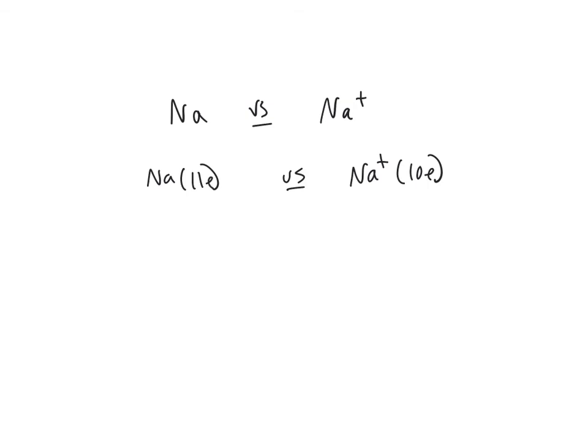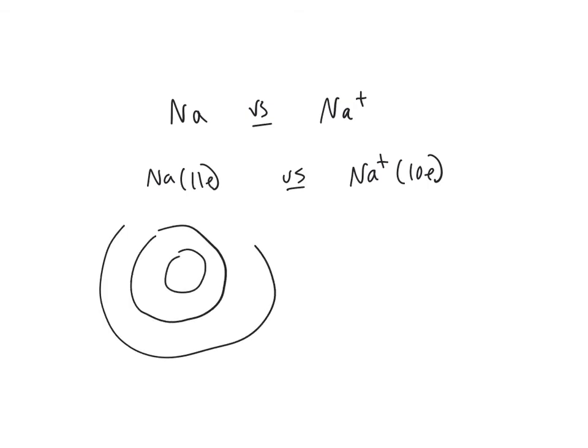These orbit diagrams work really well for these arguments. So you have 1, 2, 3, 4, 5, 6, 7, 8, 9, 10, 11.